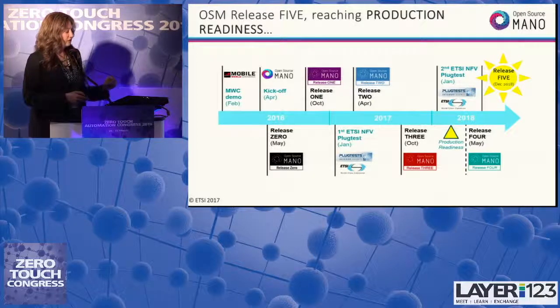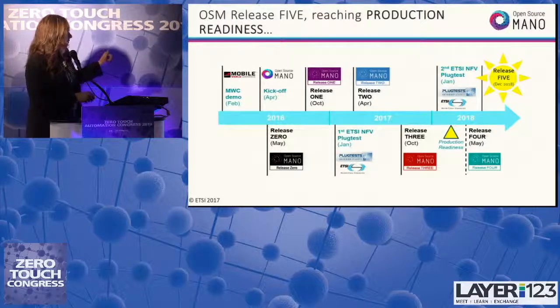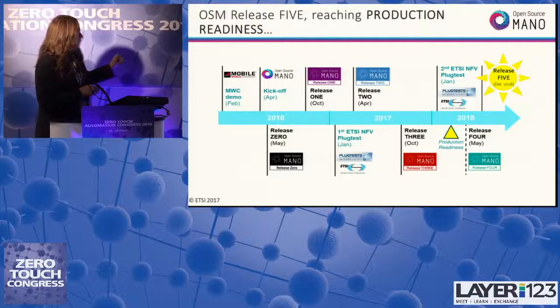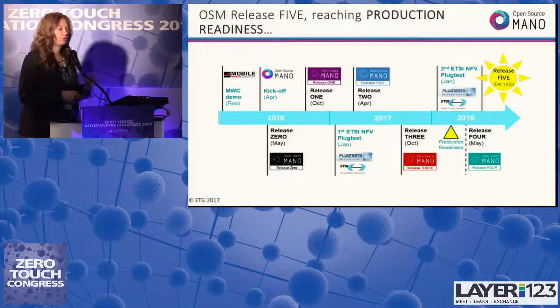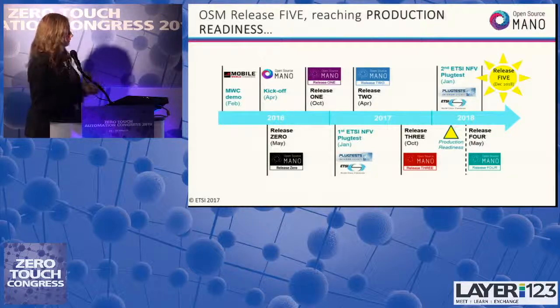So OSM Release 5. This is a quick overview of the journey of OSM. You'll see that only in the beginning of 2016, only 3 short years ago, we started on this journey with Release 0, and that was really mostly just code seeds and a barely functional orchestrator.